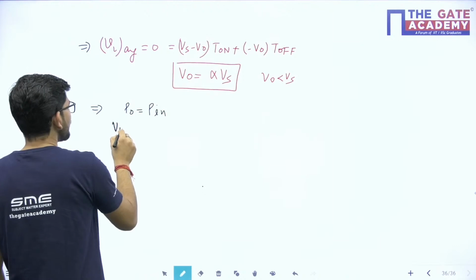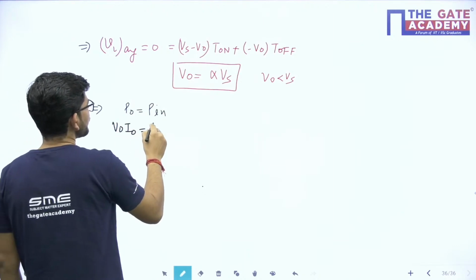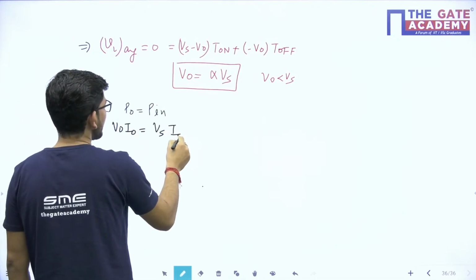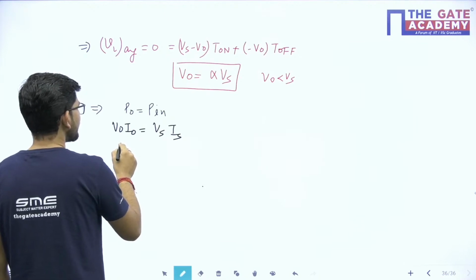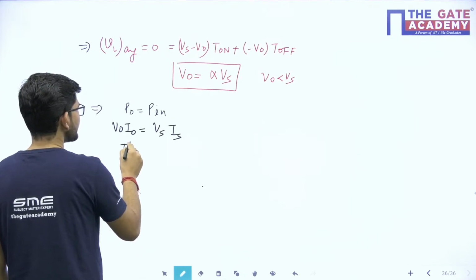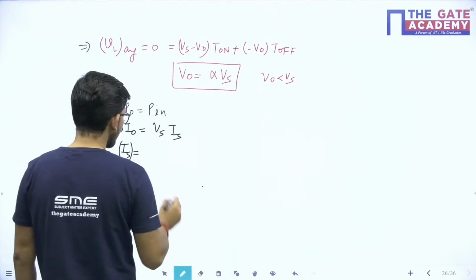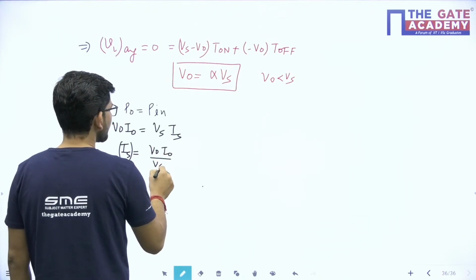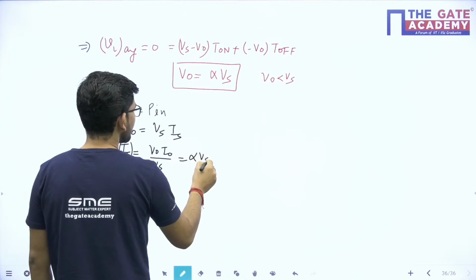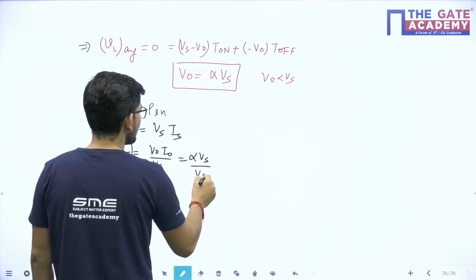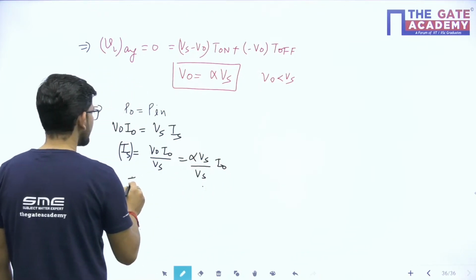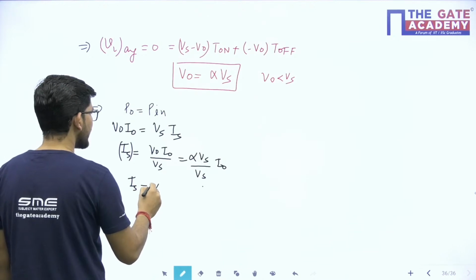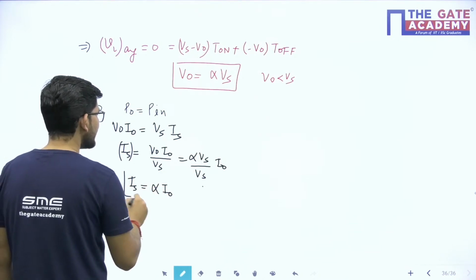P naught is V naught into I naught, and P input is Vs into Is. So from here what will be the value of Is? Is will be equal to V naught I naught upon Vs. V naught is alpha Vs, so alpha Vs upon Vs into I naught. So from here you will get Is equal to alpha times I naught.